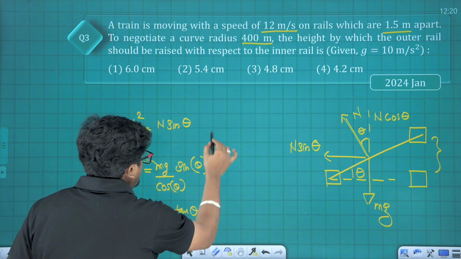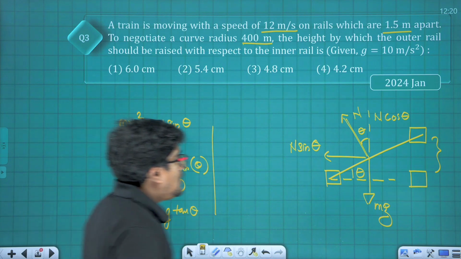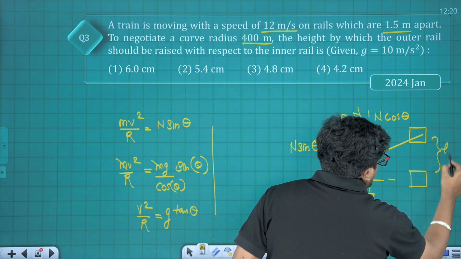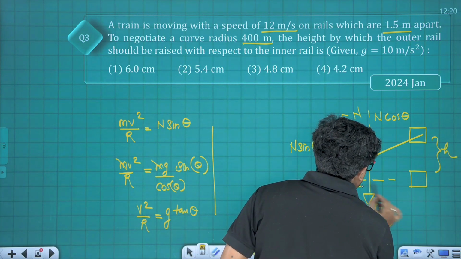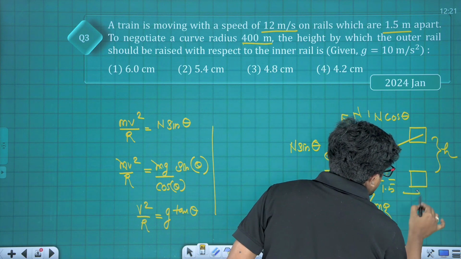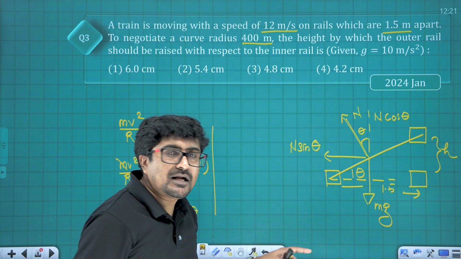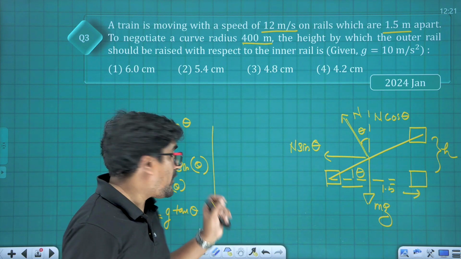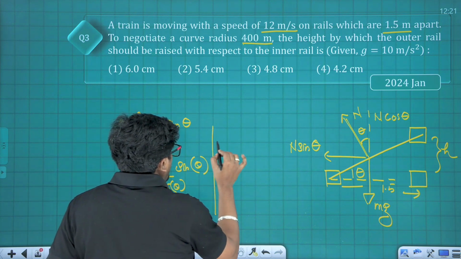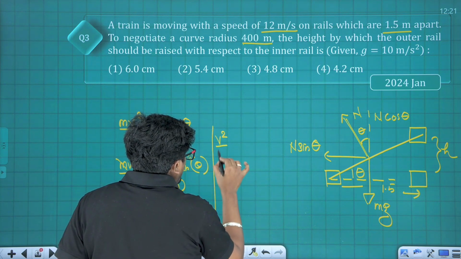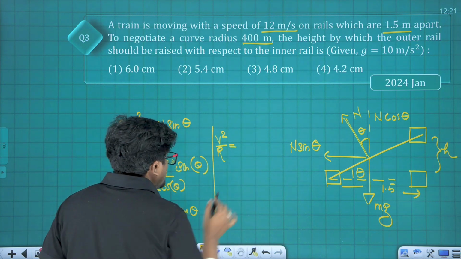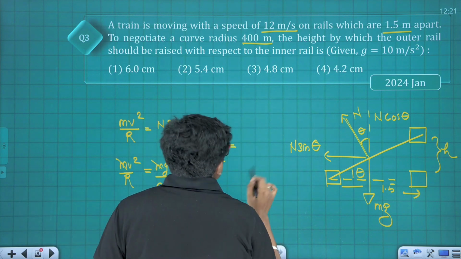Okay. Now here, what could be tan theta? Tan theta need to be h upon this particular distance, and that is 1.5 as per the question. So tan theta can be written as H by 1.5. So v square upon capital R, that is now equal to g, we can take it as 10.